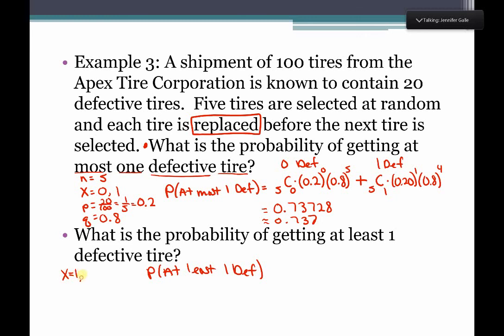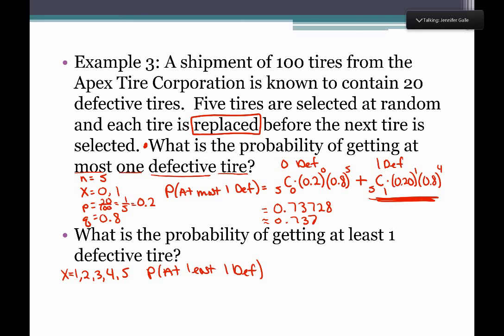Realistically, if you wanted to take the time, you could do the setup for 1 defective, and then the same kind of setup for 2 defective and 3 not defective, 3 defective and 2 not, 4 defective and 1 not, and 5 defective and none not.